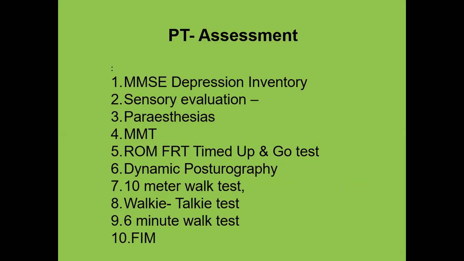The assessments include sensory evaluation, paresthesia, manual muscle test, range of motion, functional reach test, TUG (timed up and go test), followed by dynamic posturography, 10-meter walk test, walkie-talkie test, 6-minute walk test, and functional independence measures. These are all the PT assessments the physical therapist uses to evaluate Parkinson patients when they come in.